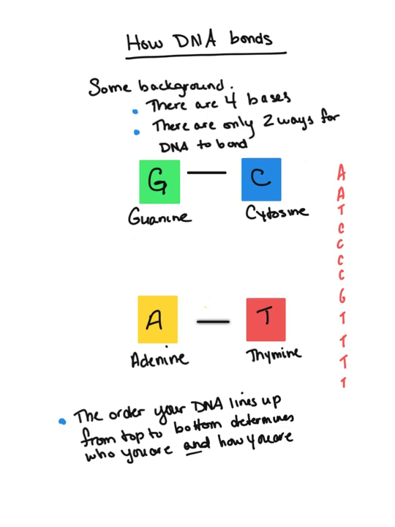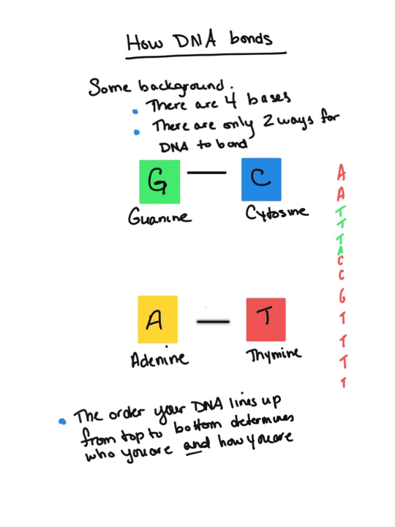However, if I have a different set of codes, so if I take some of these out and make them something different, like T, T, T, A, then maybe that one codes for green eyes now.